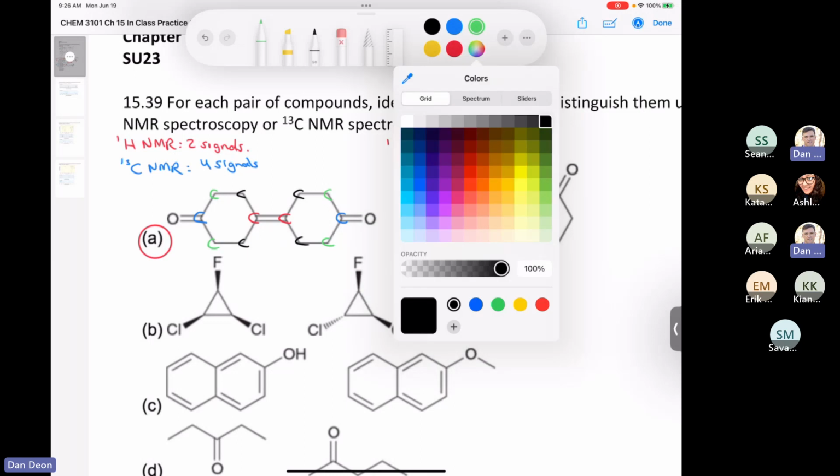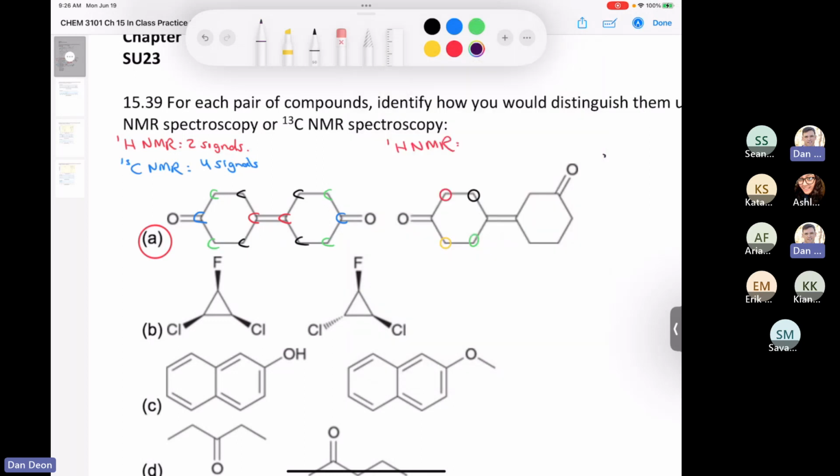I'm running out of colors here, so I'll put different shapes. This is going to give you a unique signal, then this, and then this. So for proton, you end up with 1, 2, 3, 4, 5, 6, 7, 8 different signals for this compound. So we would have a total of 8 signals.